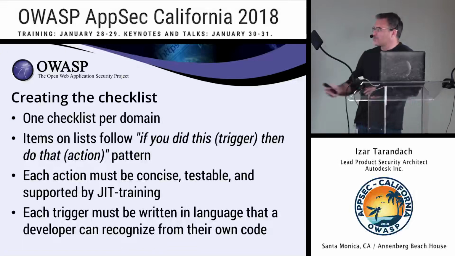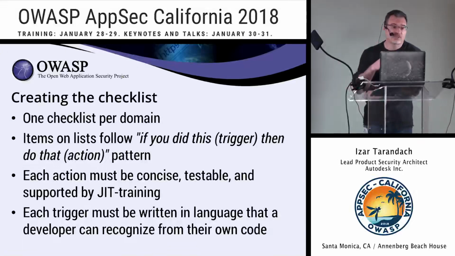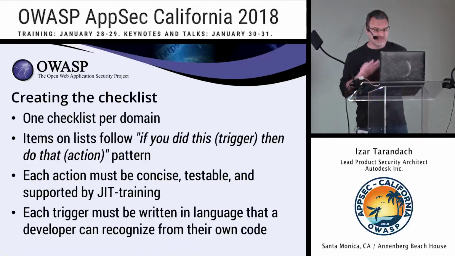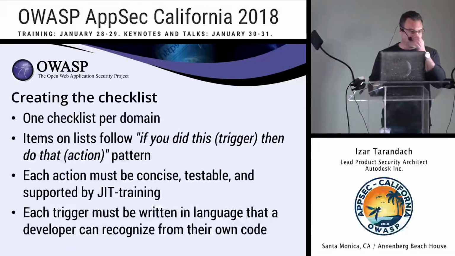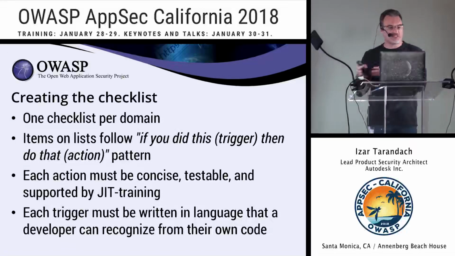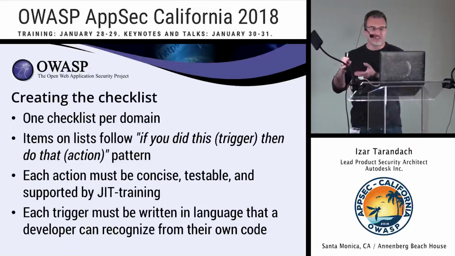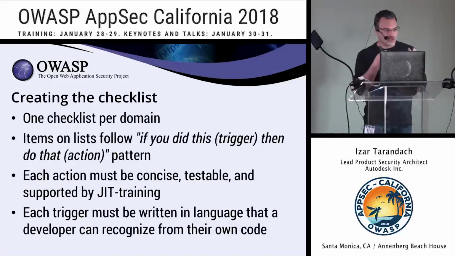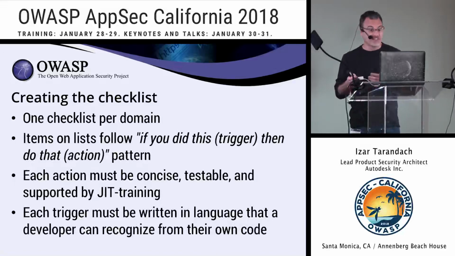And again, the trigger must be written in a language that the developer recognizes as their own. If this means including wording specific to that product team, because they have their own libraries or their own jargon, then so be it. The important thing is that they are able to look at it and not question whether it's something they did or not.